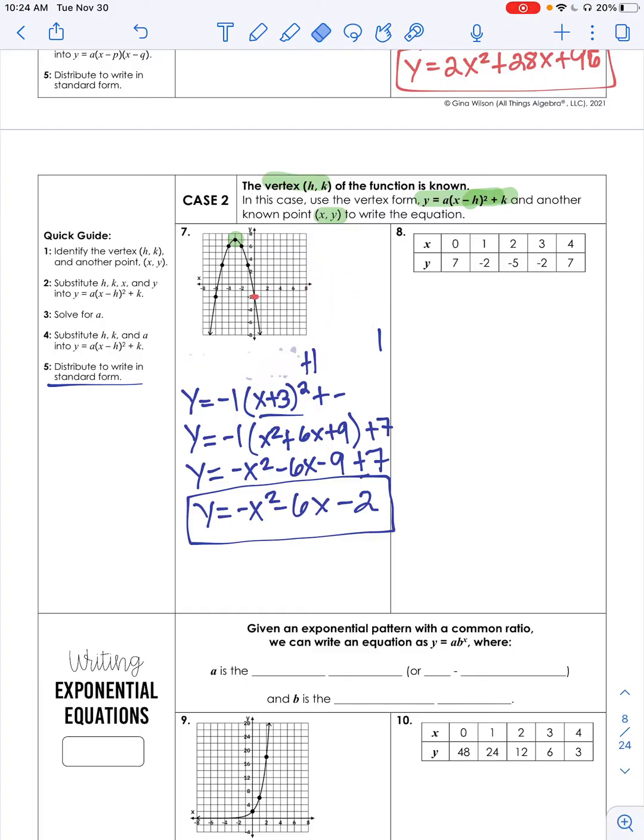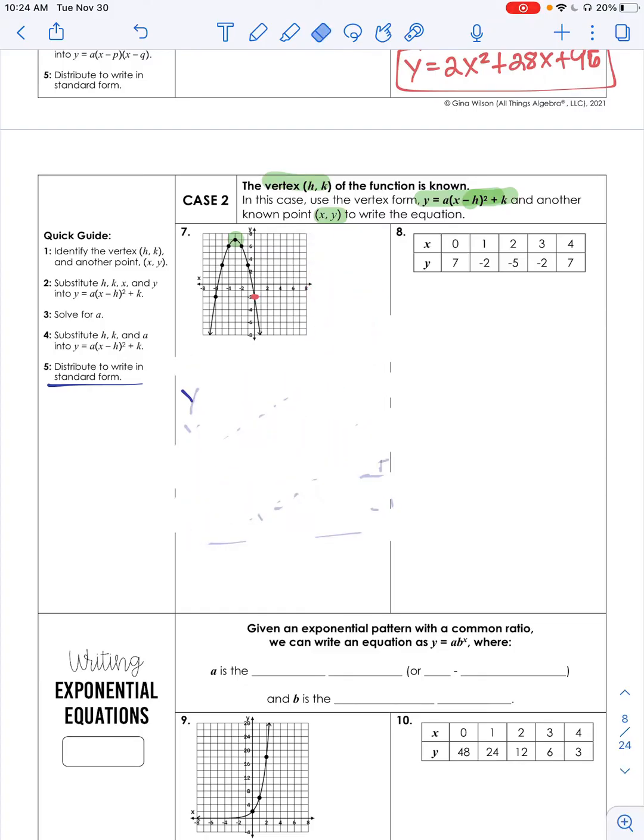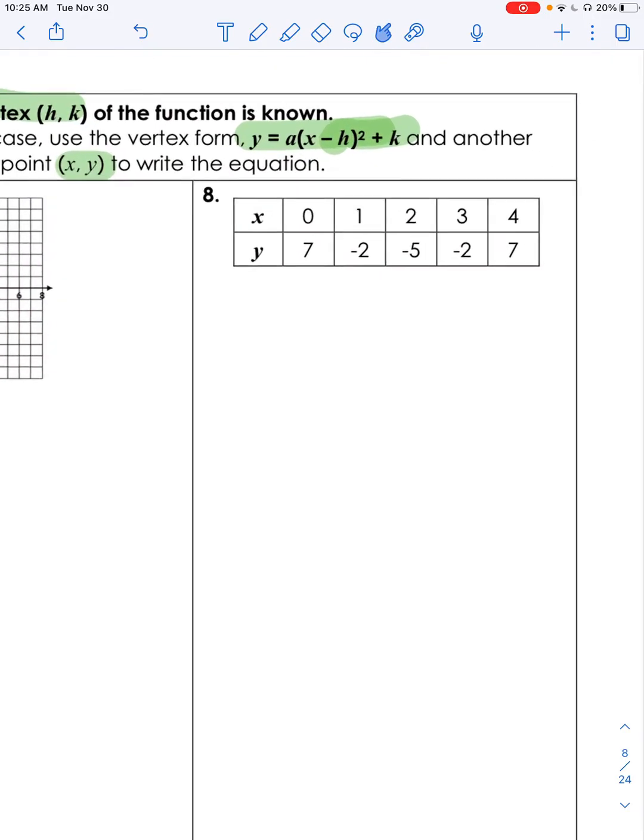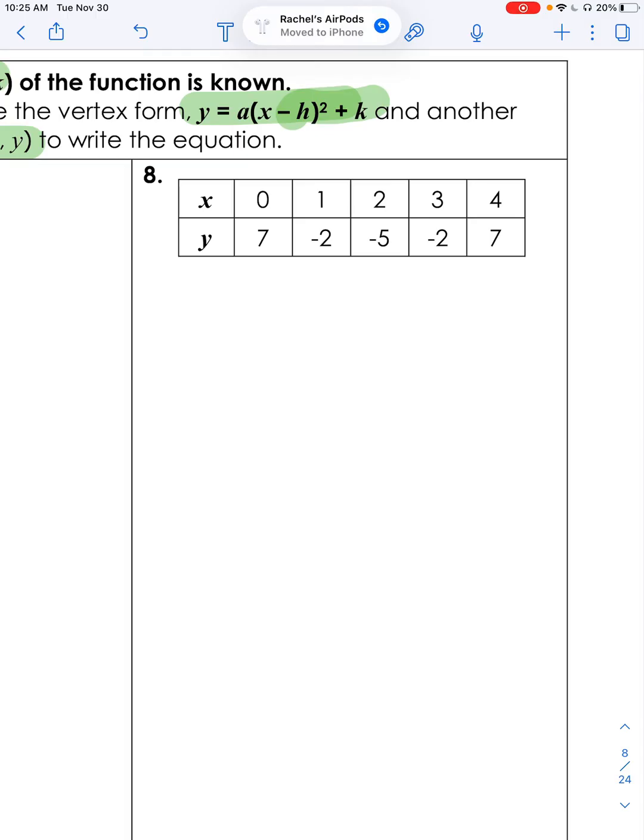We're going to identify the vertex, and then we are going to choose another point from the table. Okay, so with the vertex, though, we are going to have to use what we know about parabolas and their axis of symmetry.